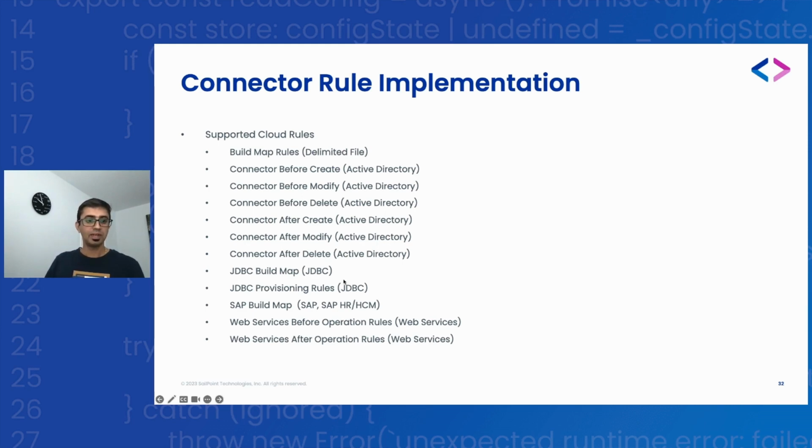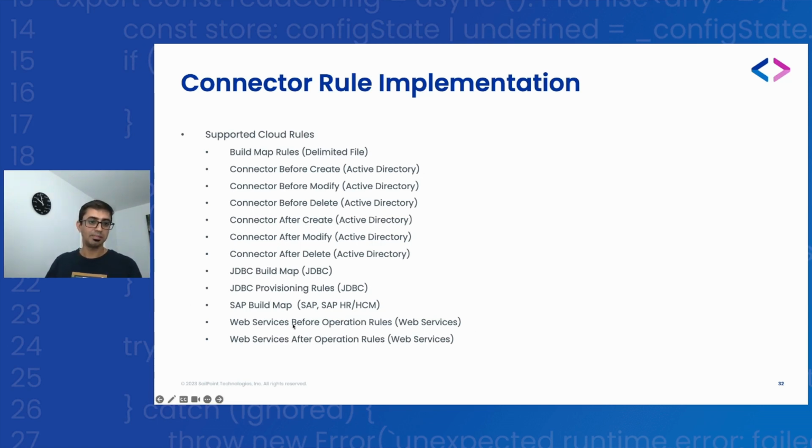And we have JDBC build map, which is used to alter the aggregation data for a JDBC source. Then we have a JDBC provisioning rule, which is to enable provisioning on a JDBC source.